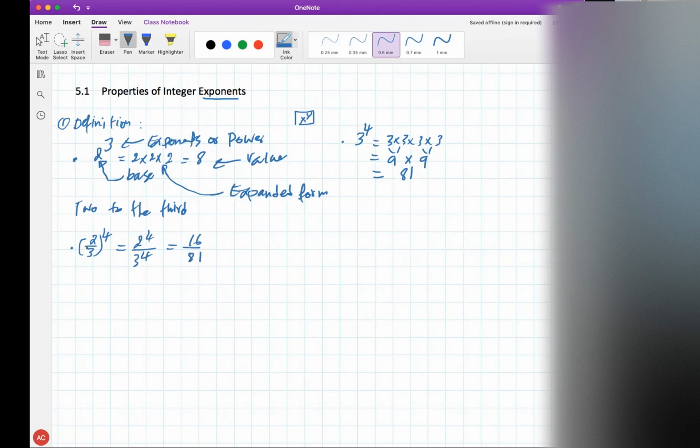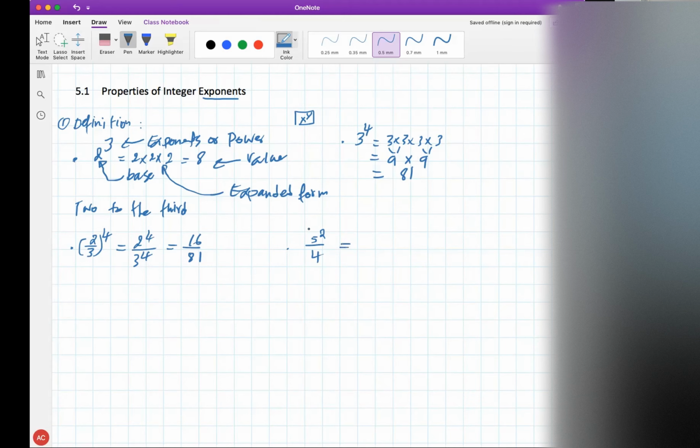Be careful here with the fraction. You have to have parentheses in order for the 4 to be for the entire fraction. If you have something like this, for example, this doesn't have parentheses, which means the power 2 belongs to the 5 only, not to the 4. Only belongs to the 5.